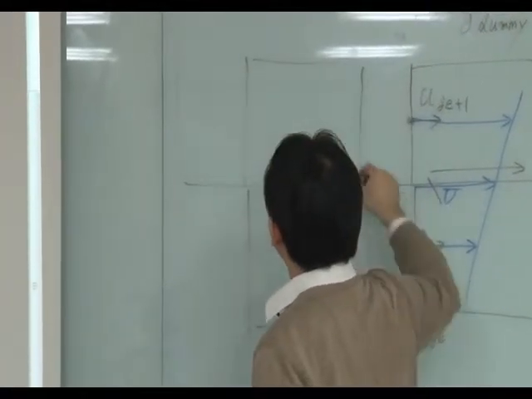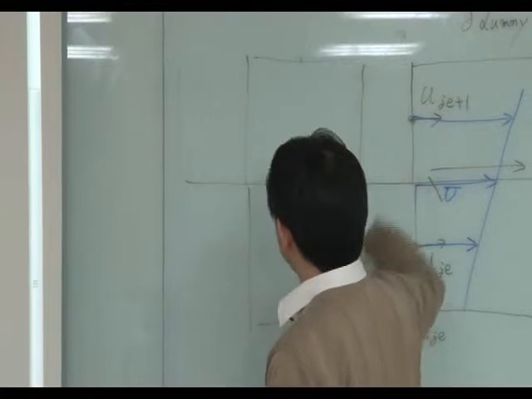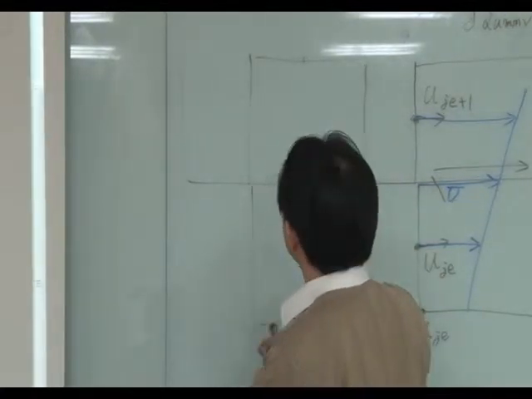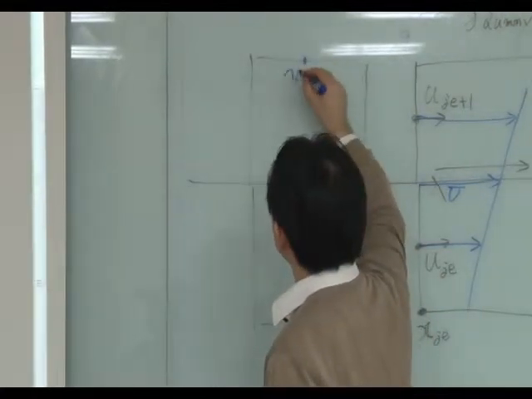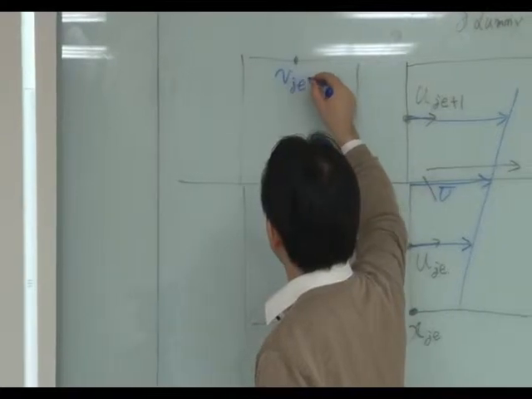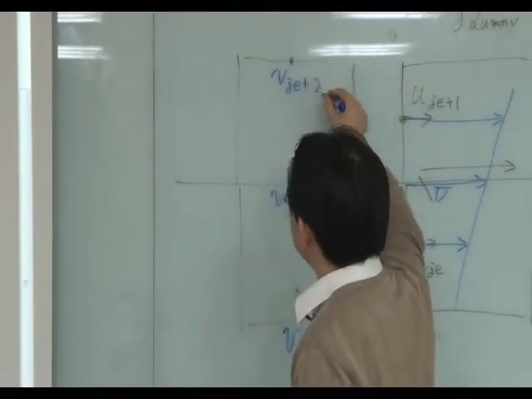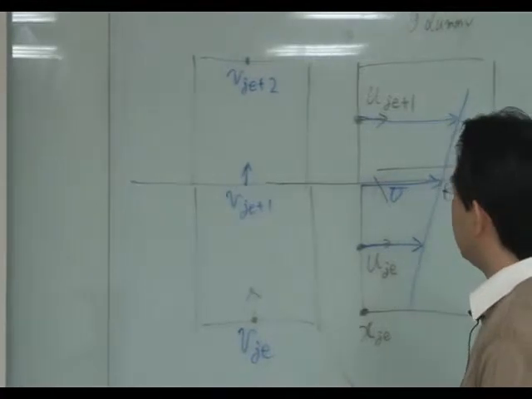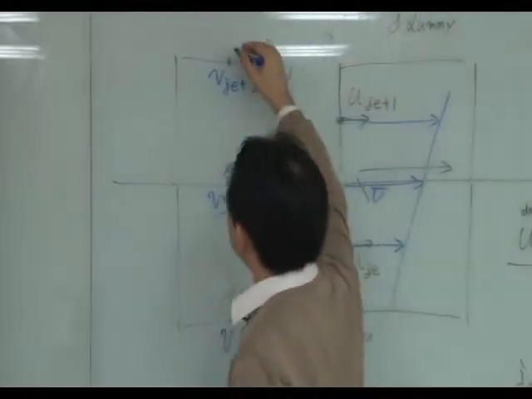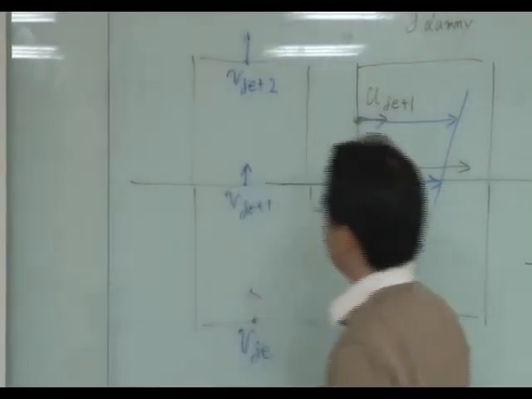And the next one is VJE plus 2. So the condition is slightly different.